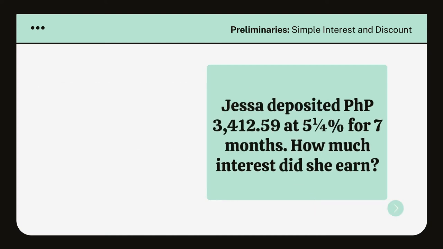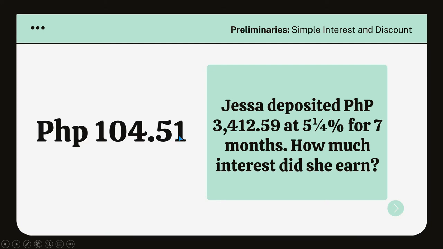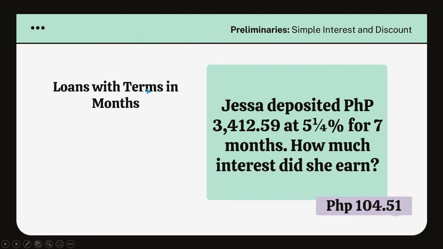Jessa deposited a total of 3,412 pesos and 59 centavos at a 5 and 1/4% for 7 months. So how much interest did she earn? All right, the answer here is 104 pesos and 51 centavos. And why is that? Okay, so we're going to compute our interest in terms of months.